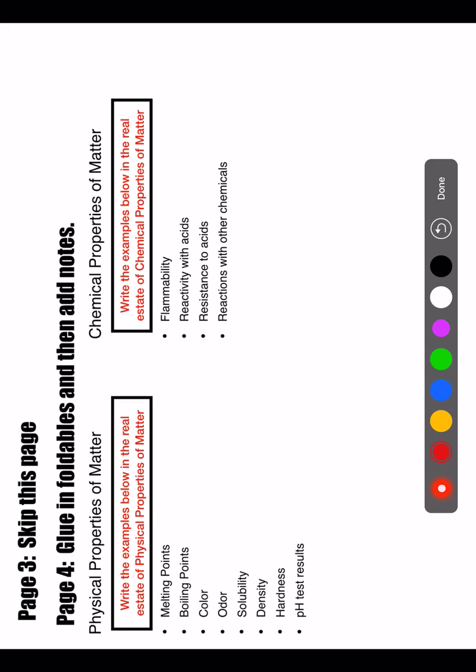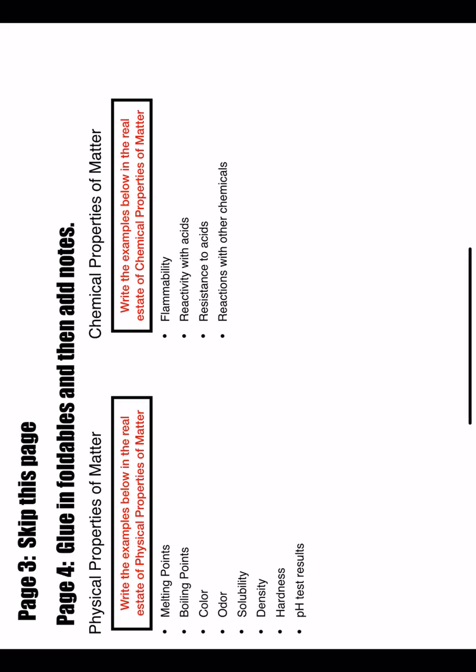Physical properties of matter. These are ways that you can describe an element for simplistic sake. So when we talk about physical properties of matter, these are things that if you were to run tests to identify what an element or a substance is, it could be an element, compound, well, let me back up.